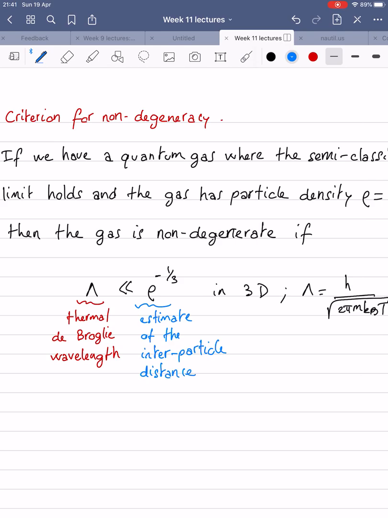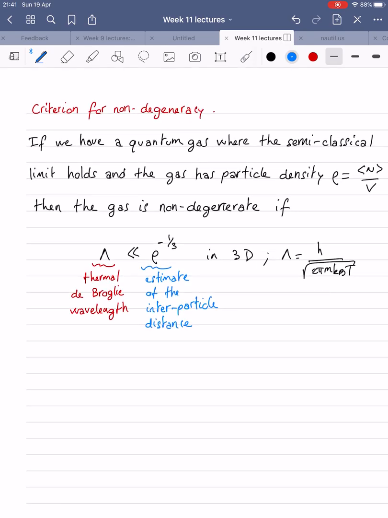The point here is to realize that if λ is comparable to this estimate of the interparticle distance, then the wave functions are going to overlap. And because they overlap, it will matter whether they are fermions or bosons.